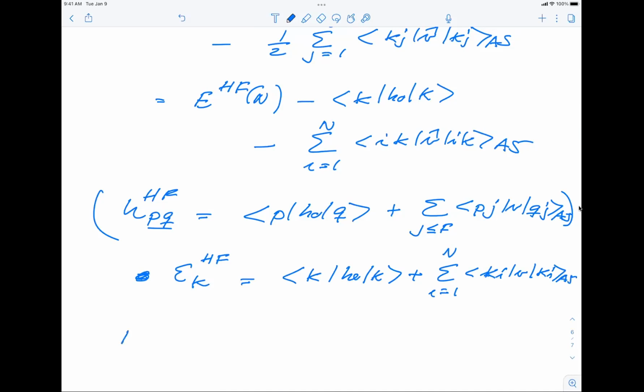So what I have then is that E Hartree-Fock of n minus 1, where we have removed a particle from the level k, is the same as E Hartree-Fock for n particles, minus epsilon k Hartree-Fock.